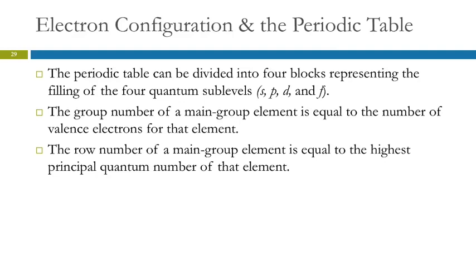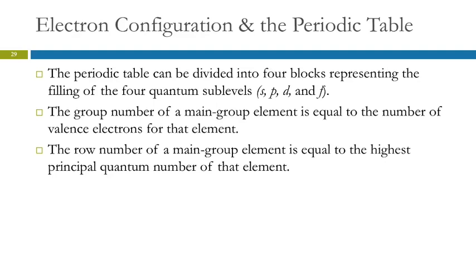So if we look at phosphorus, it's in group 5A. It's got 5 valence electrons. It's in the 3rd period. Those electrons are in the 3rd principal energy level, on the 3rd floor. Okay? So you can read that off the periodic table like you're reading a graph or something.